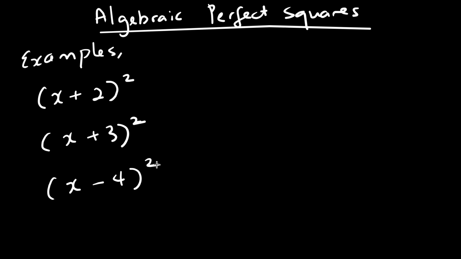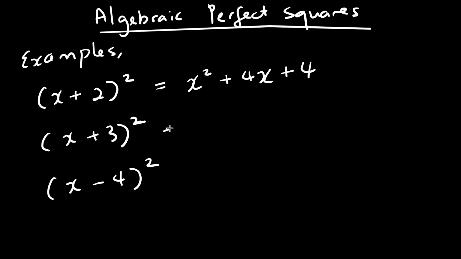Now, why is this important? Well, it's important because in the same way that you could look at the difference between two squares, and if you're comfortable with the concept, almost instantly factorize, this is what we want for you for perfect squares as well in algebra. There is something that you should notice when you expand these. So let me expand them. We'd end up with x squared plus 4x plus 4.